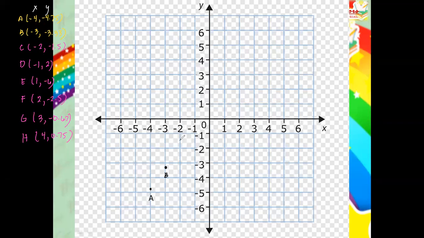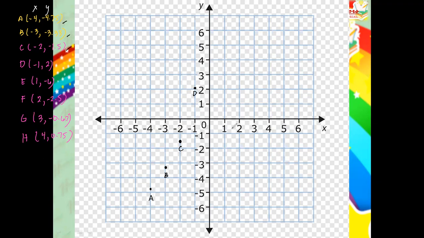And then -1.5. Then it should be here. This is C. Let's have letter D. -1 and +2. It's here. This is letter D.